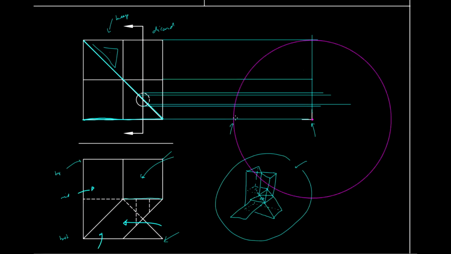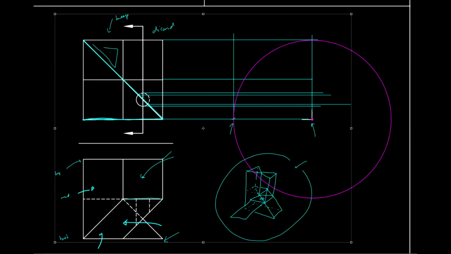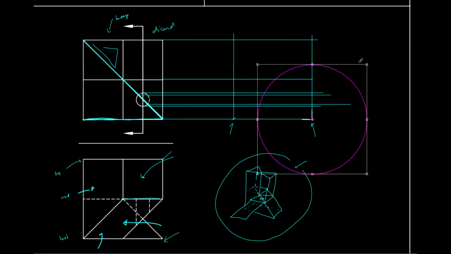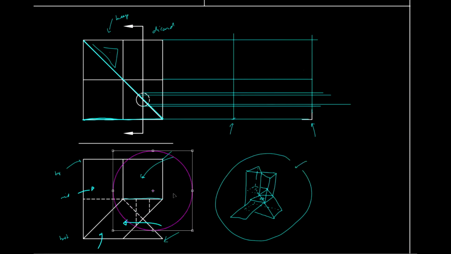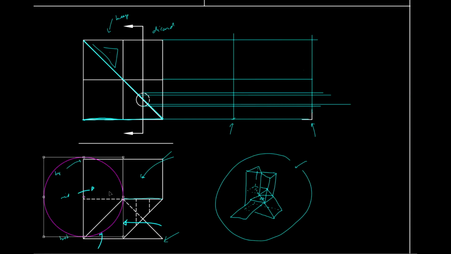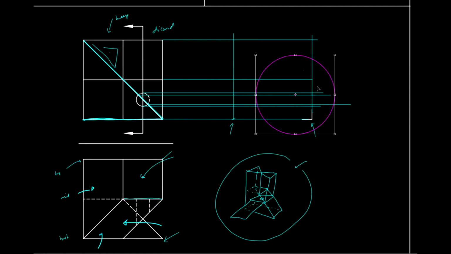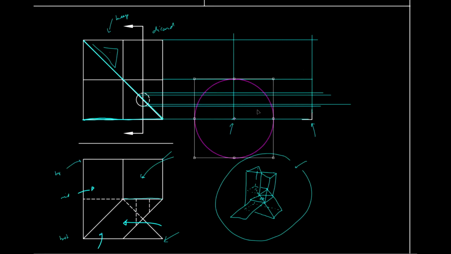Sakto yung ginawa ko. Tapos mukhang siya yung tipong object na mga midway distances, yun yung mga kumbaga quote-unquote mga levels niya. Okay. Tapos dito. Ganyan. Okay.